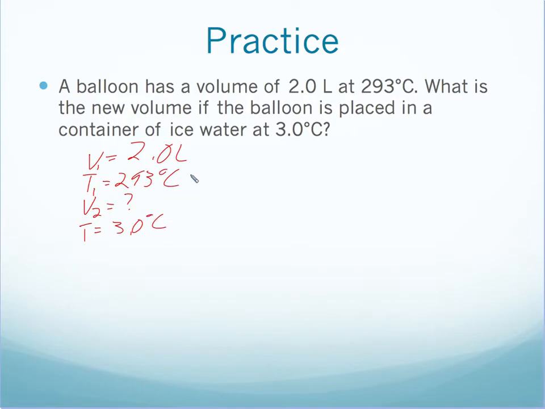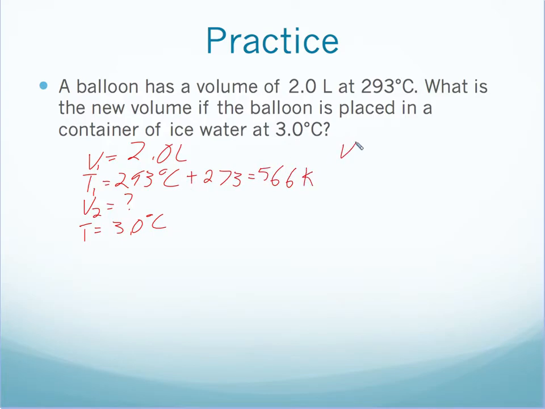So this has to be in Kelvin. So I'm going to add 273 units. So if I take 293 plus 273, I'm going to get a 566 Kelvin should be here.